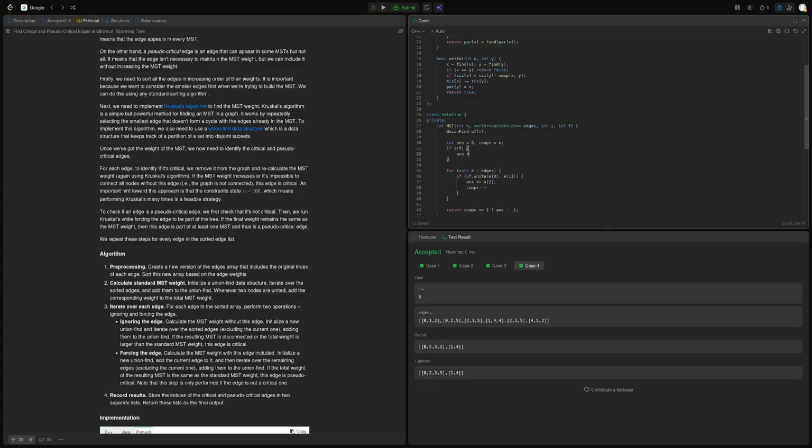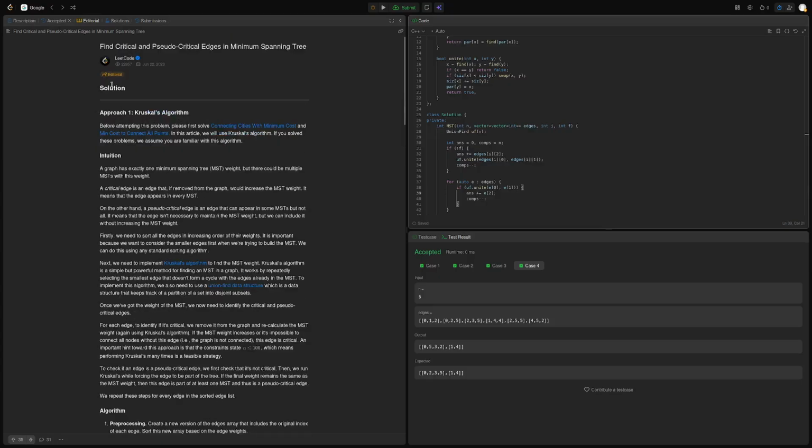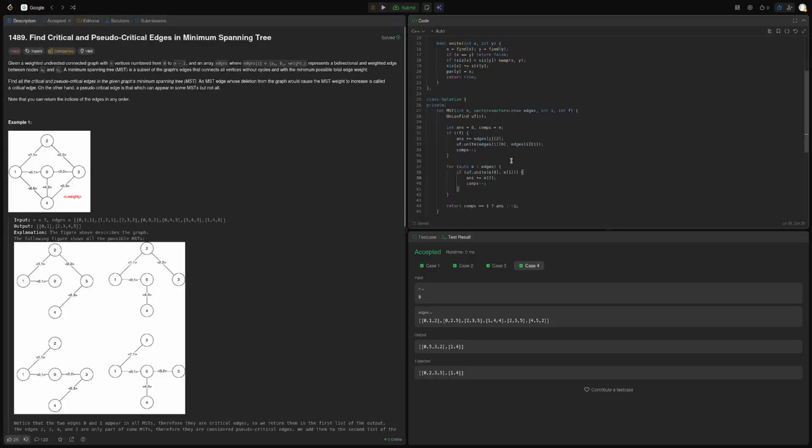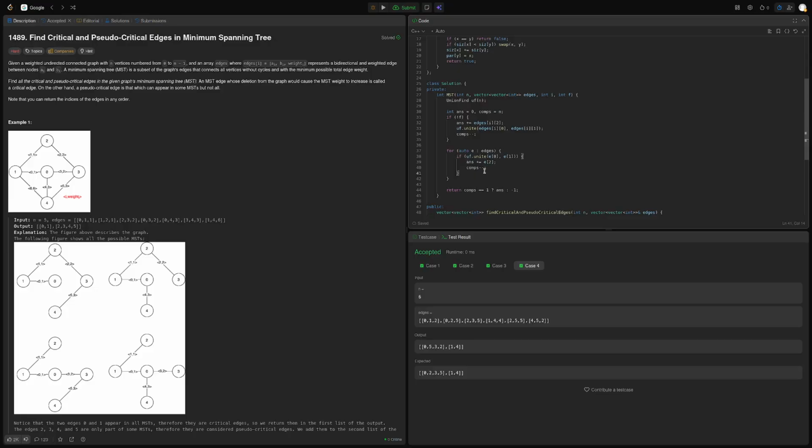If not flag, ans plus equals edges[i][2], and then UF unite edges[i][0], edges[i][1], and then components minus minus. So they're just doing what I did, so whatever. But there is inefficiency in there.